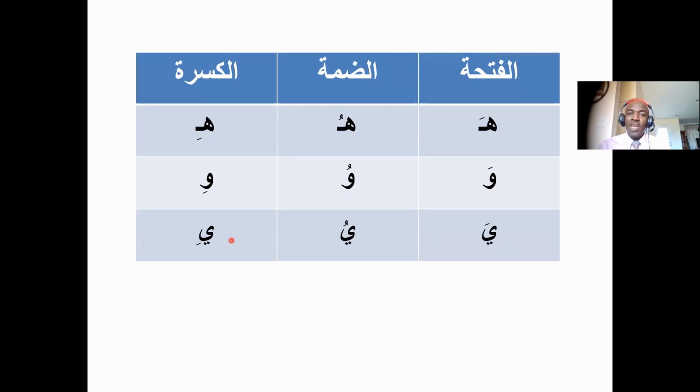In Arabic, we have diacritics: fatha means to open, like ha, dhamma to close, hu, and kasra is a different sound, like hi. So ha, hu, hi, wa, wu, wi, ya, yu, yi.